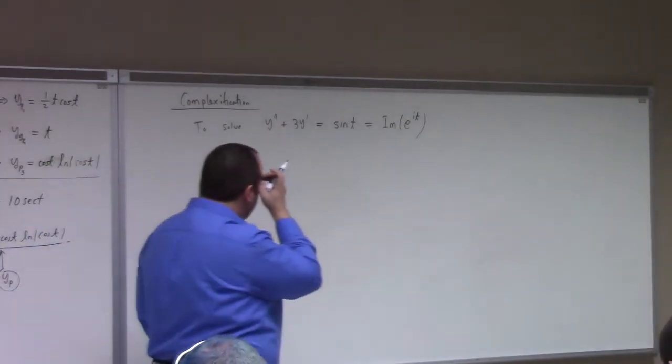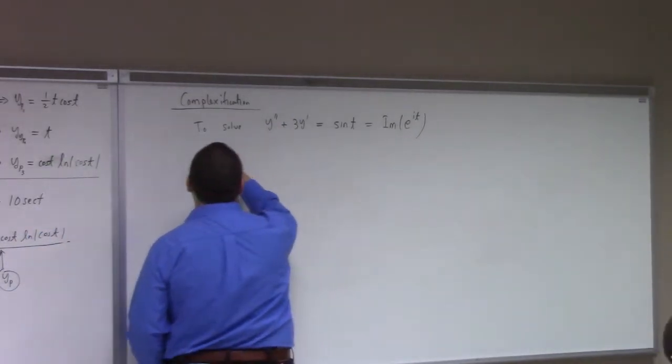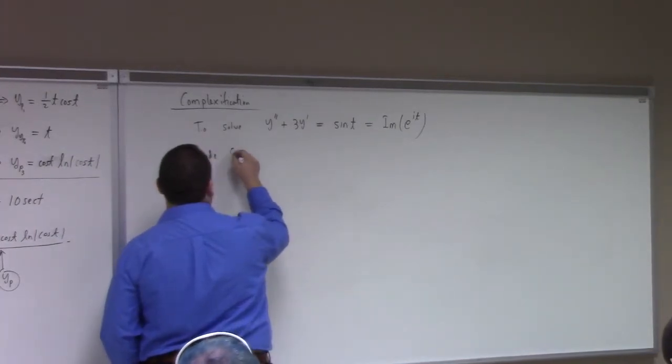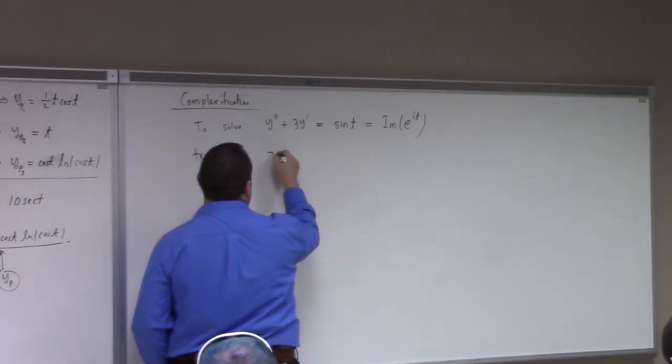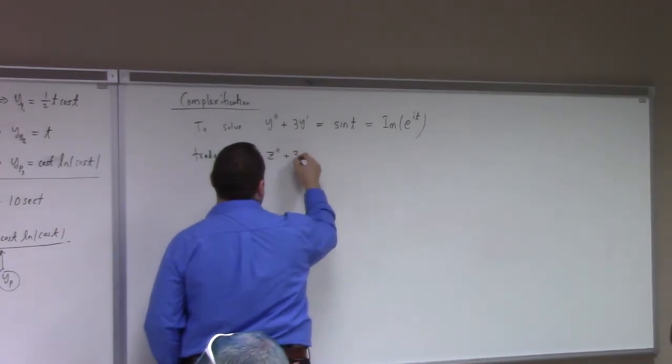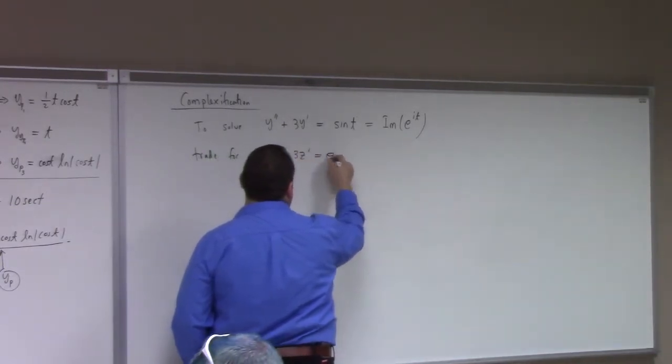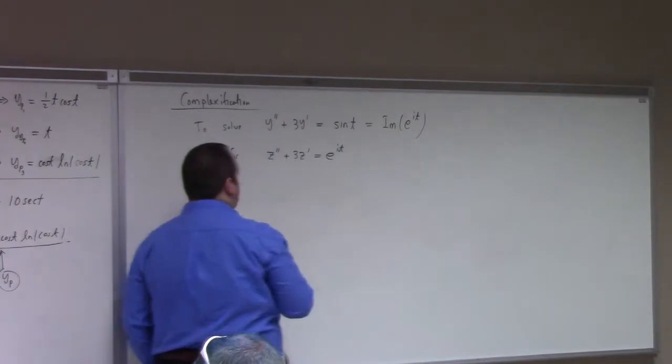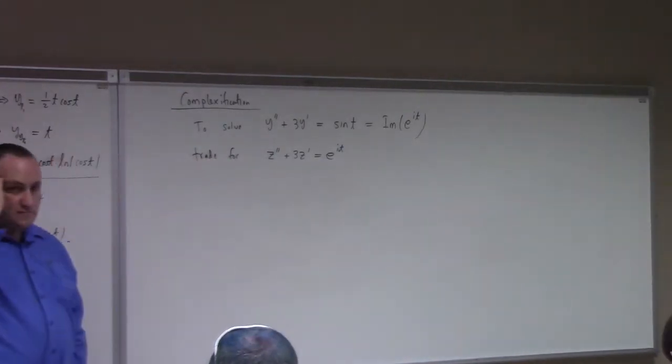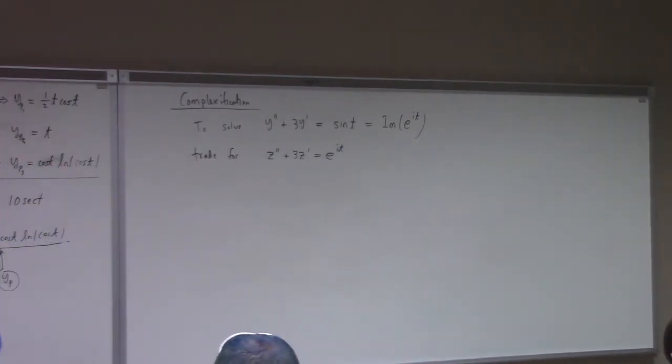So the idea is that I will instead trade for, let's say, z'' + 3z' = e^(it). What I've done, technically speaking, is I've complexified the problem.